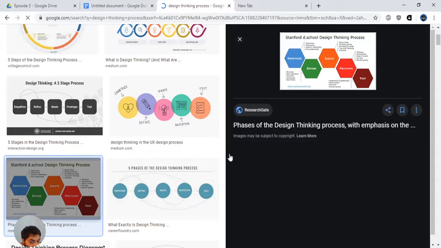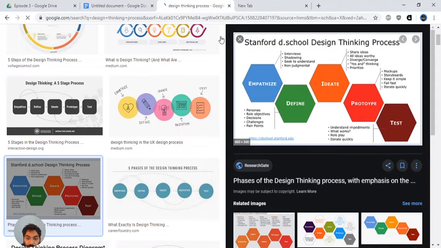This is a very good thing. First is empathize, define, ideate, prototype, and test. I'm skipping empathize and define, and jumping straight into ideate, prototype, and test, because these two areas right now I don't need.